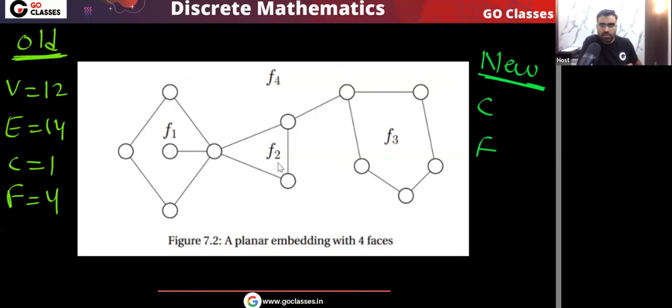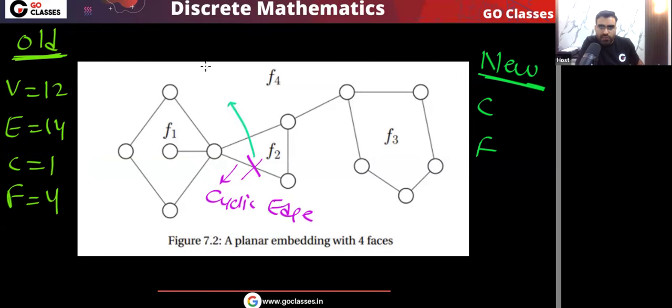Let's assume I am deleting this cyclic edge. This edge is part of some simple cycle, so it is a cyclic edge. If I delete it, then two faces are merging. Which two?